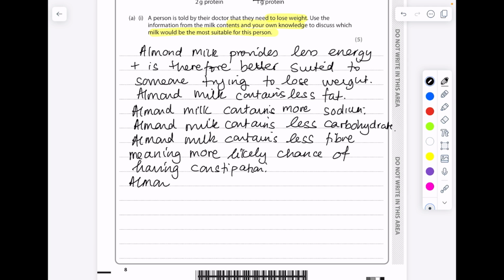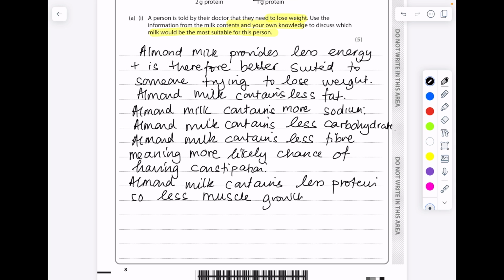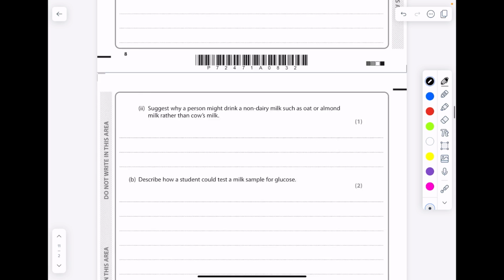Almond milk contains less protein. Remember that protein is responsible for muscle growth and repair. Okay, I've said loads there.